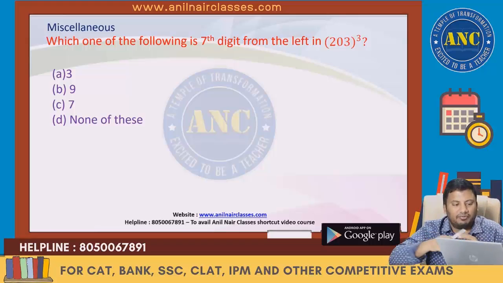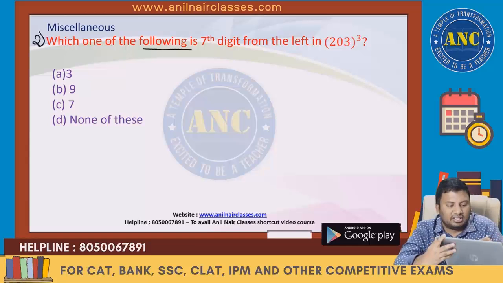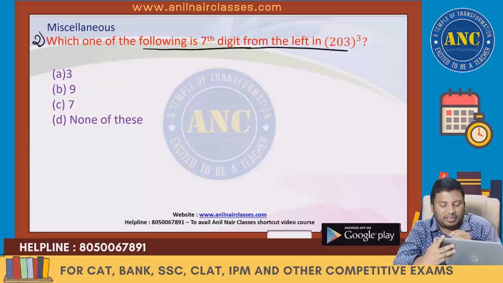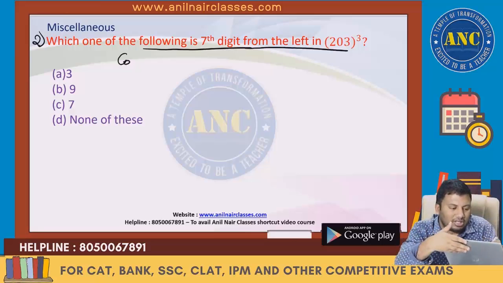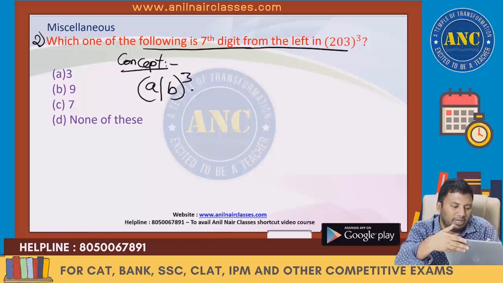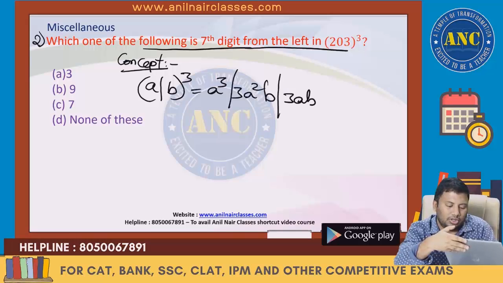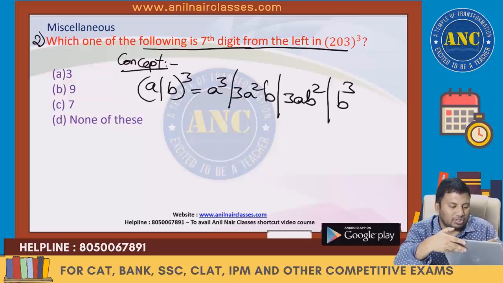Second question. Which of the following is the 7th digit from the left of 203 whole cube? Concept: A plus B whole cube is A cube plus 3A square B plus 3AB square plus B cube. Here B is taking a unit digit.